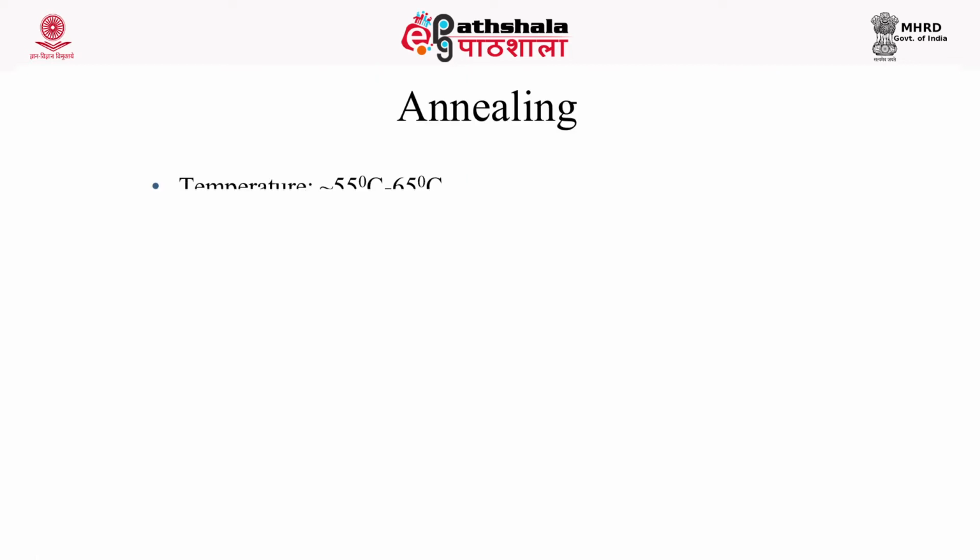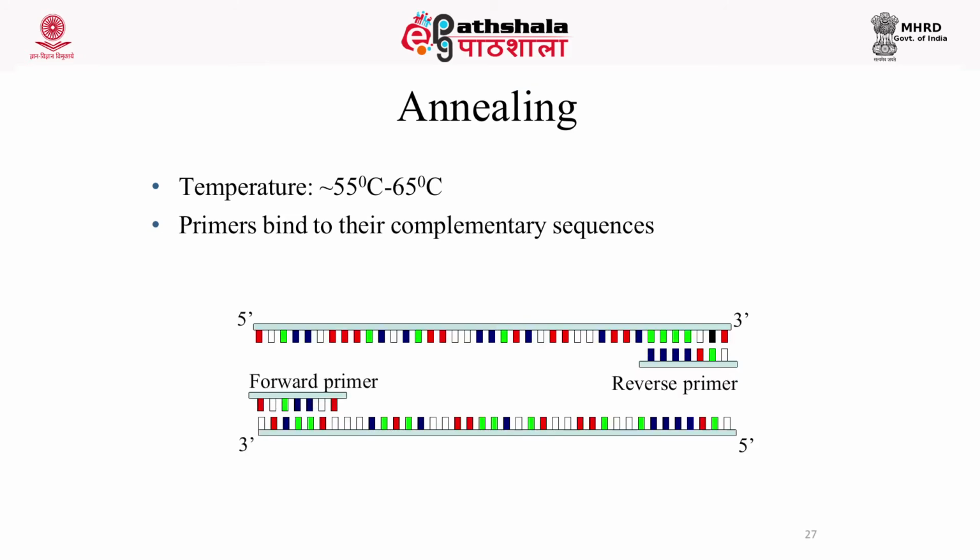This brings us to the second step, which is annealing. As we have seen the different requirements for primer designing, after designing a specific primer at 55 to 65 degrees centigrade, the primers bind to the complementary sequences of denatured or melted DNA, and this process or step is known as annealing.